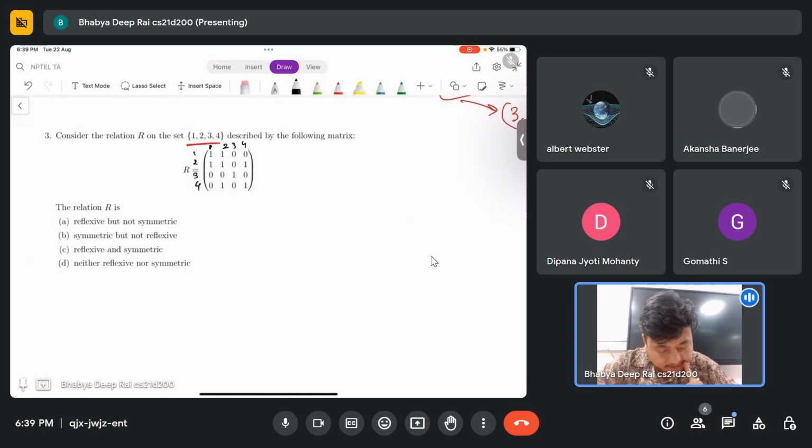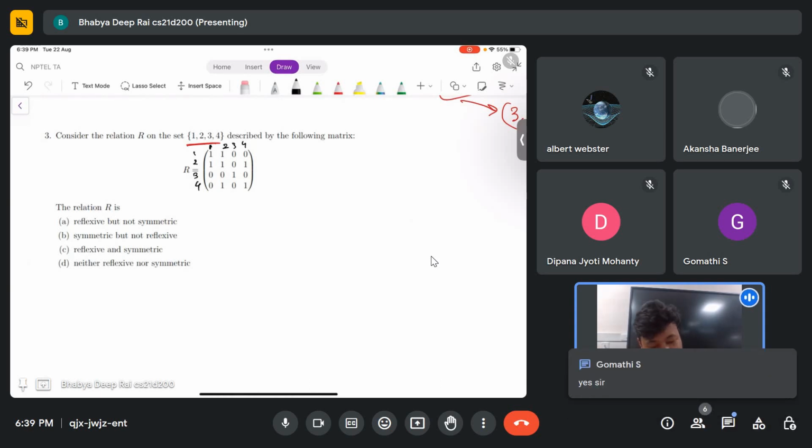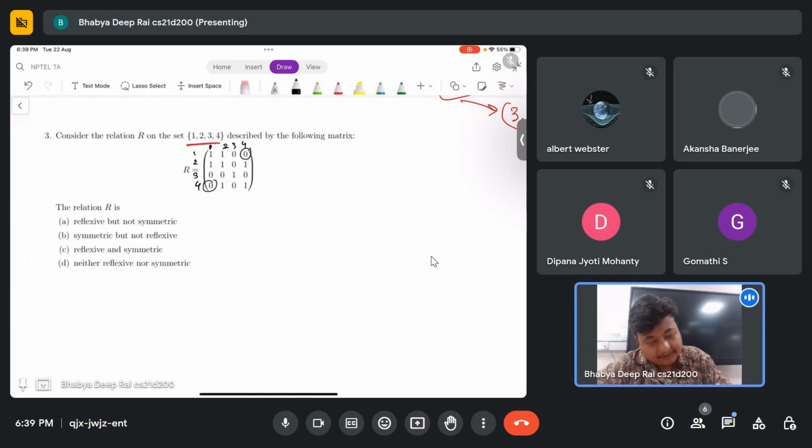Yeah, that is true, Kumati. (1, 4) is not there, but I don't see where the problem is. Do you mean in symmetric it's a problem? Yes, sir. So symmetric it should be a problem, you are saying. (1, 4) is not there, but anyway (4, 1) was not there in the first place. So it should not create a problem from what I can see.